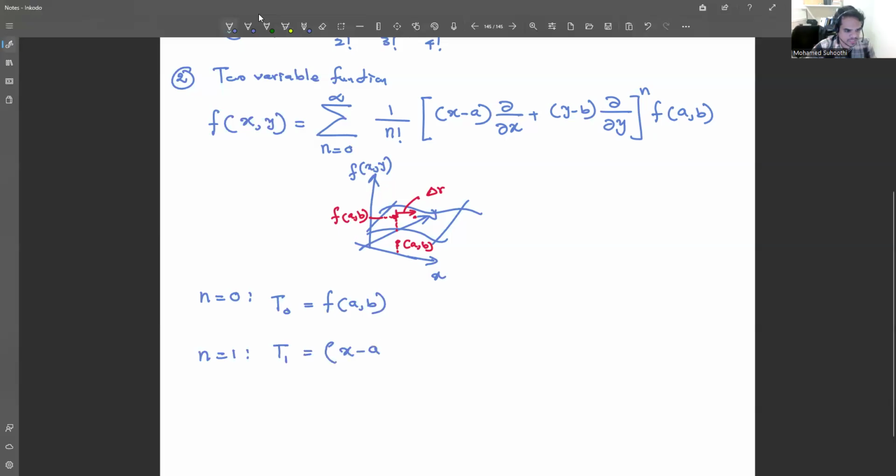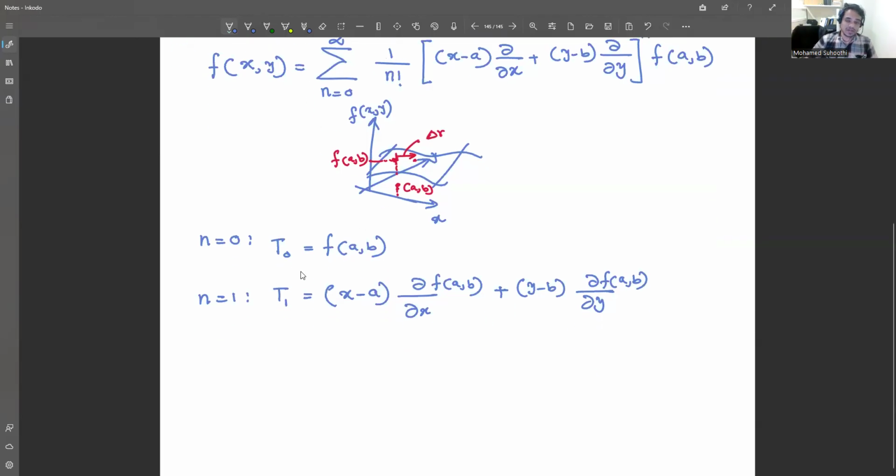So it will be (x minus a) dou x f of (a, b) plus, sorry, (y minus b) dou y f of (a, b). So this is your first term. That means differentiate with respect to x, then calculate that derivative at (a, b). Differentiate with respect to y, then calculate the derivative at (a, b). So that is your T1 term.